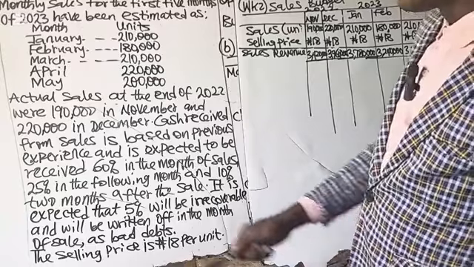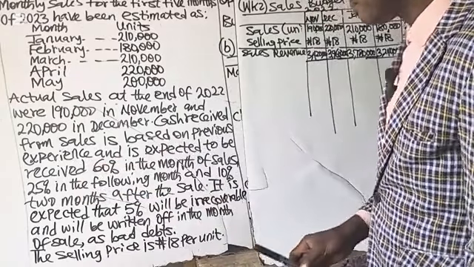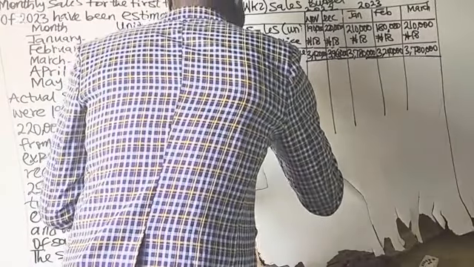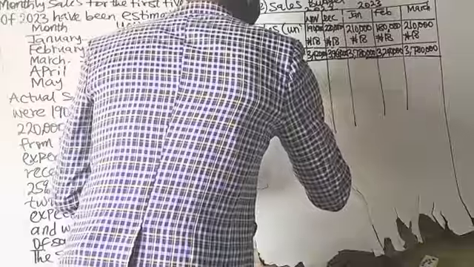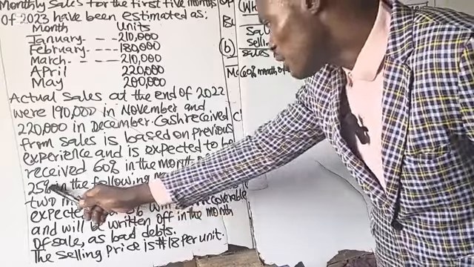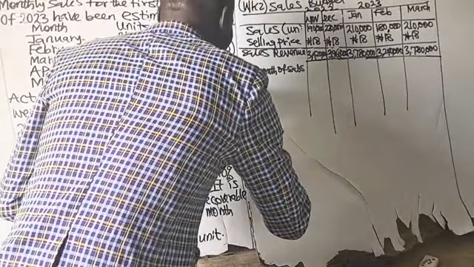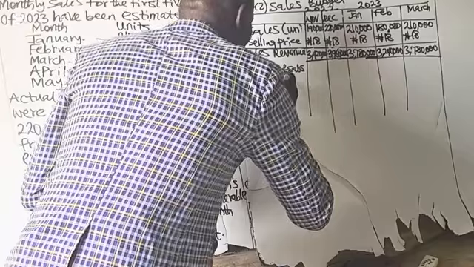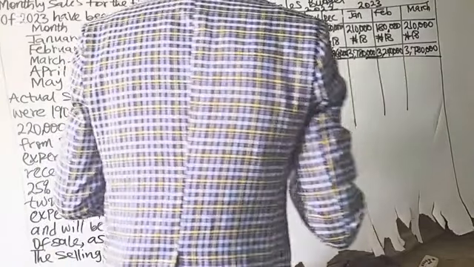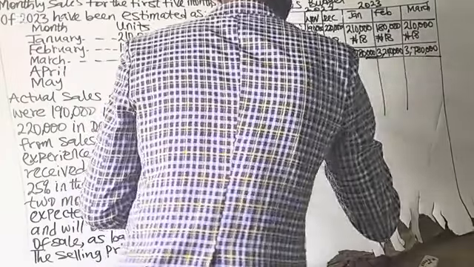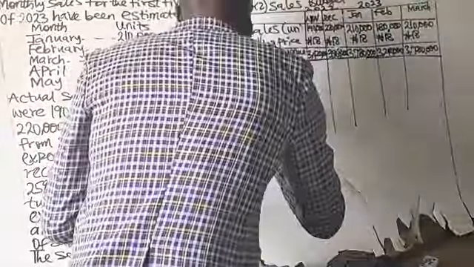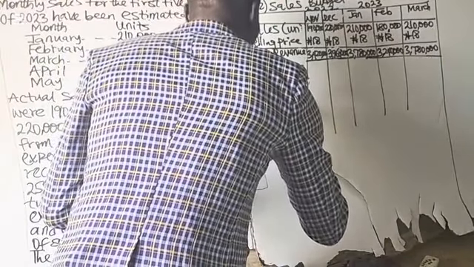Cash received from sales is based on previous experience and is expected to be received 60% in the month of sales, 25% in the following month, and 10% 2 months after.